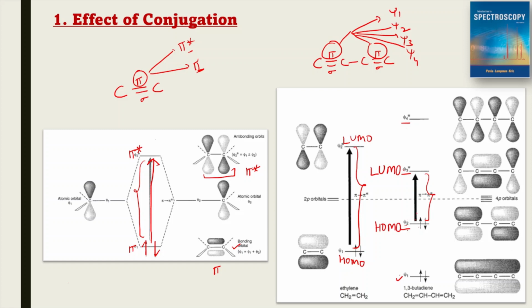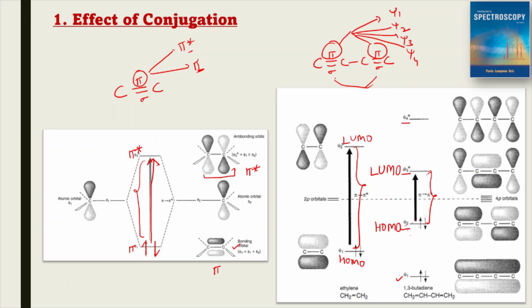On the other hand, when the system was conjugated, like when we had two conjugated double bonds, the molecular orbitals divided into four different parts, and these are the new HOMO and LUMO. Now we can see the energy difference between HOMO and LUMO. When the system is conjugated, the energy required for excitation is this much.